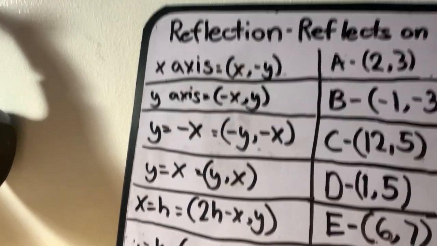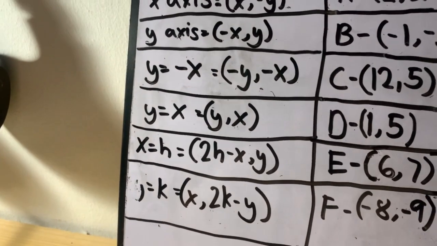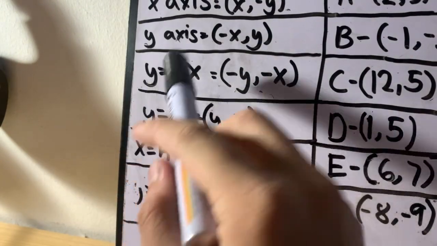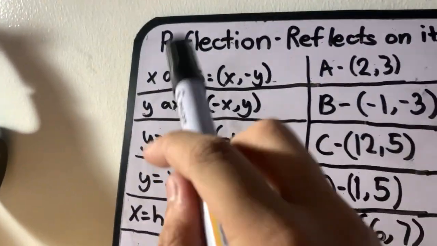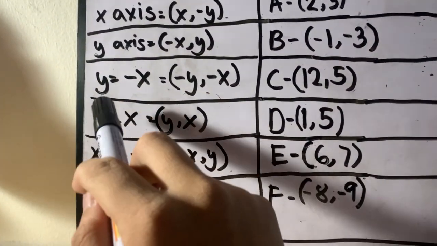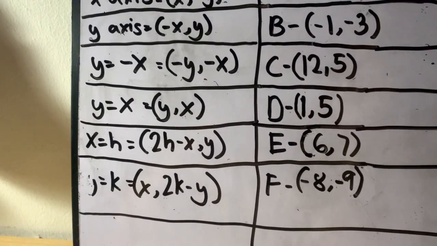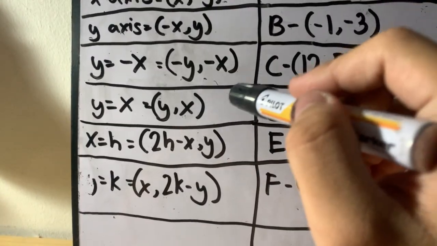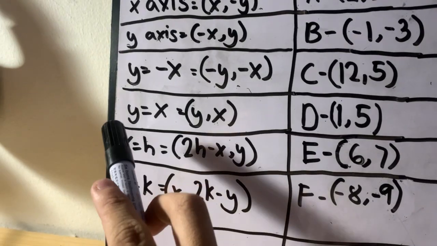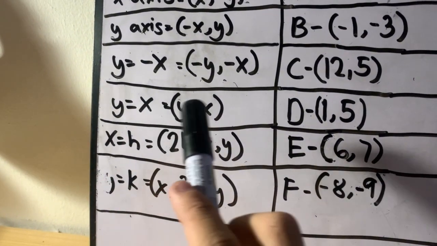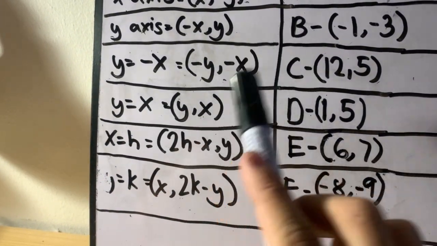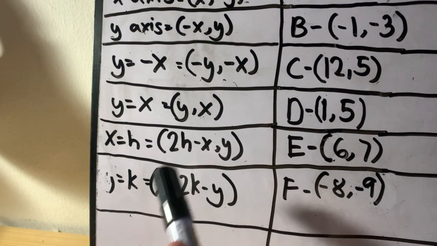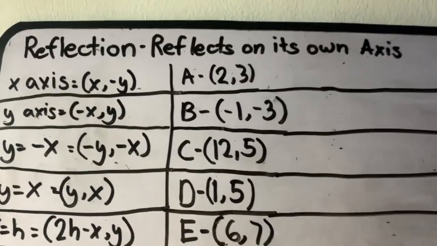But in the others, because there are 4 more, it's different. Here, if there's an equals and it doesn't say just the axis, for example y equals -x, both have to be multiplied by -1. And if it's positive, both will be multiplied by +1. I'll explain this later. Let's start by solving these.